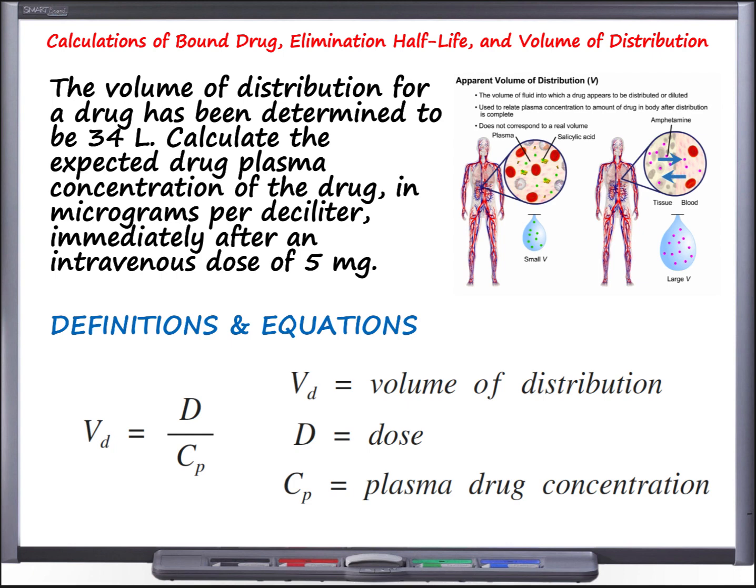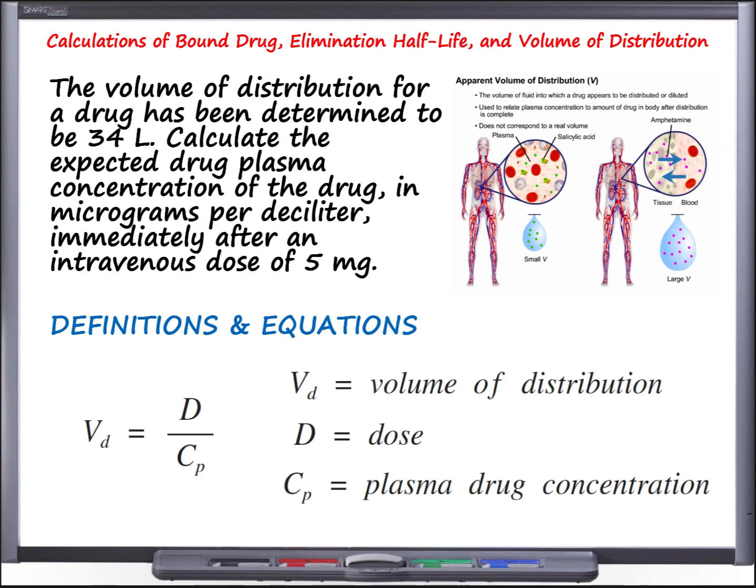We can only know that if we also know the volume of distribution, because looking at the equation below, this is the famous important equation in pharmacokinetics you need to know for the volume of distribution. VD is equal to the dose, capital D, divided by the resulting plasma concentration, abbreviated as capital C with a little p for concentration in the plasma.